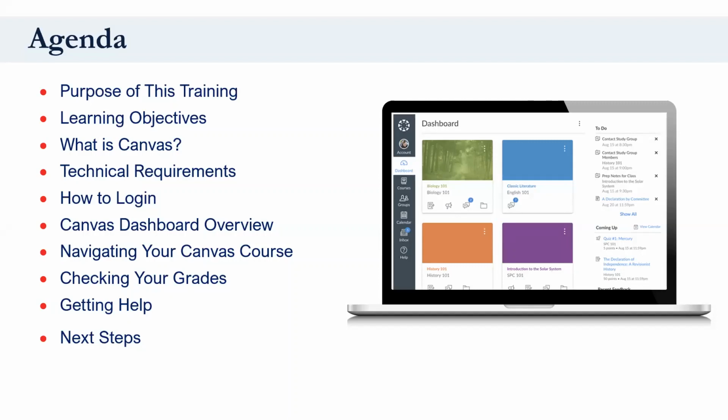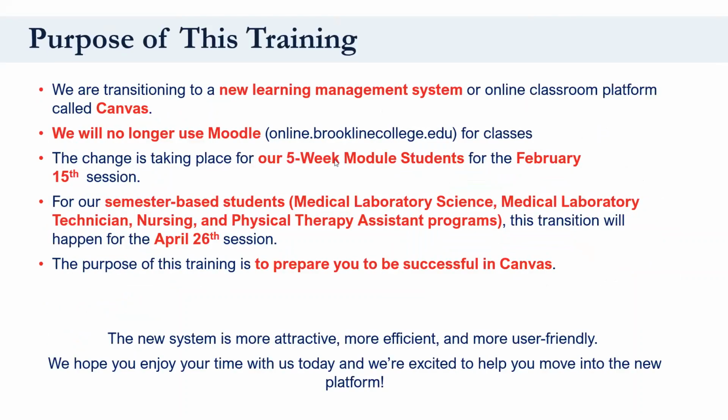We can see the Canvas landing page, which is your dashboard, and this is your new online classroom. We're going to talk about the technical requirements that you need to meet in order to be successful in the new platform. We'll cover how to log in. We'll take a look at the dashboard. We'll talk about navigating your courses, checking your grades, and we'll discuss getting help and what the next steps are. So let's go ahead and get started.